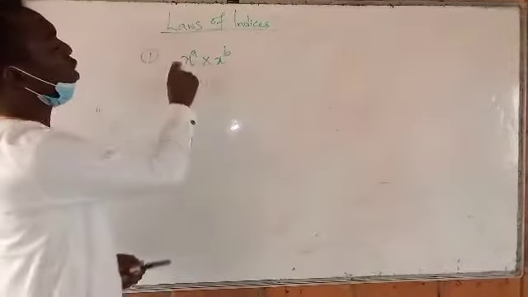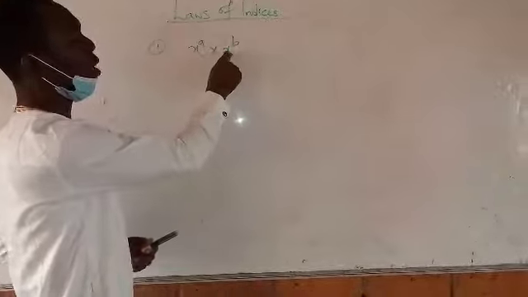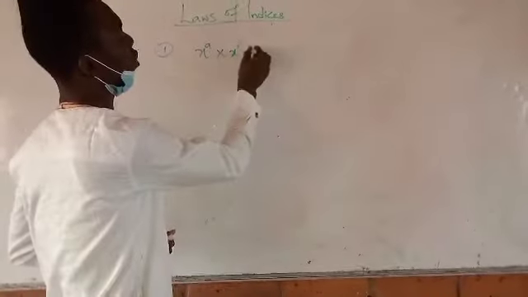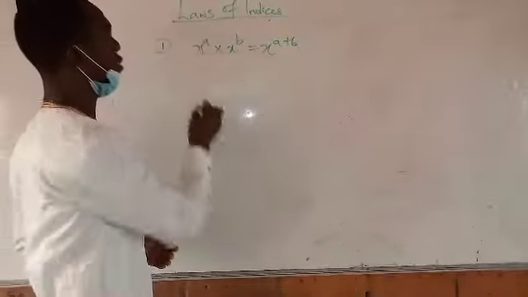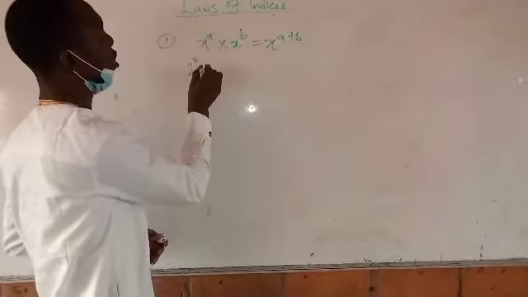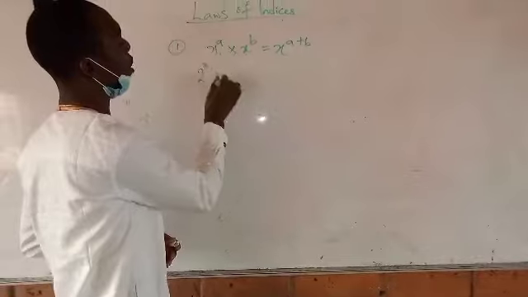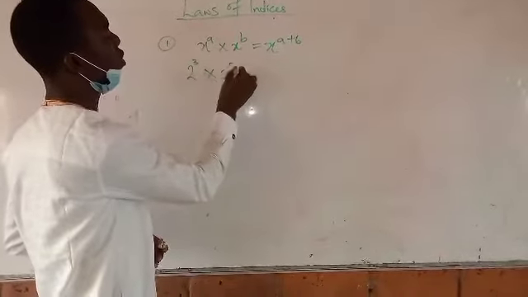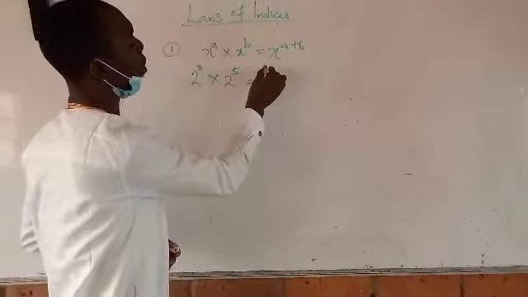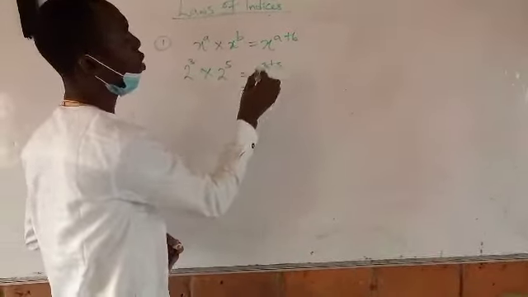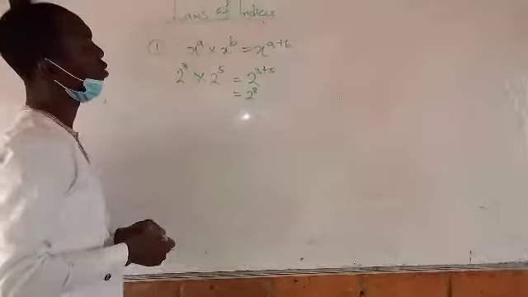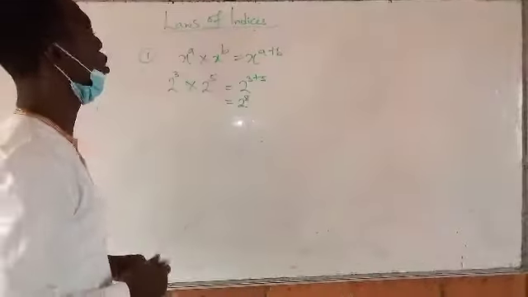So that means x raised to power a multiplied by x raised to power b will give us x raised to power a plus b. For instance, if I have 2 raised to power 3 multiplied by 2 raised to power 5, it will be 2 raised to power 3 plus 5, which is 2 raised to power 8. So this is how to apply this law.